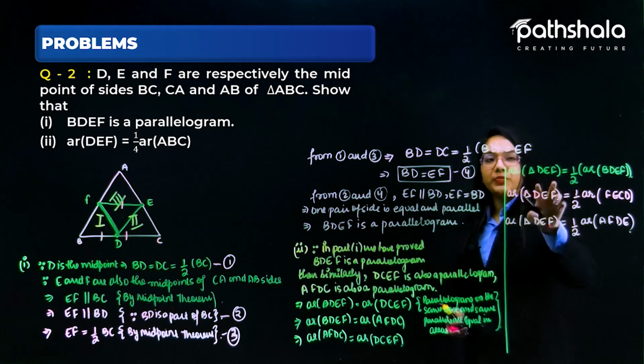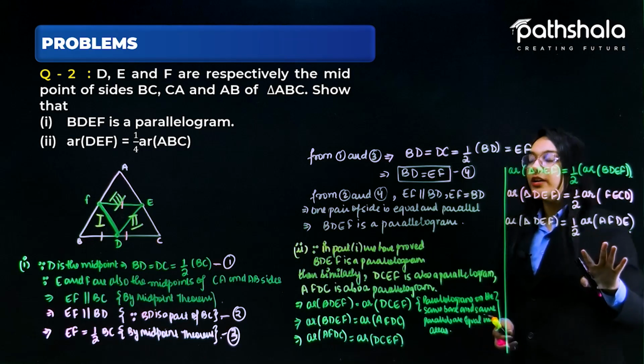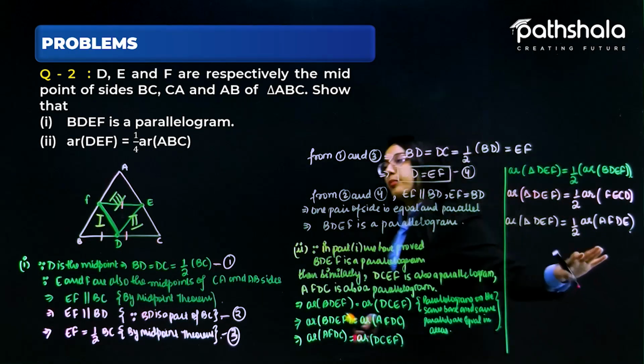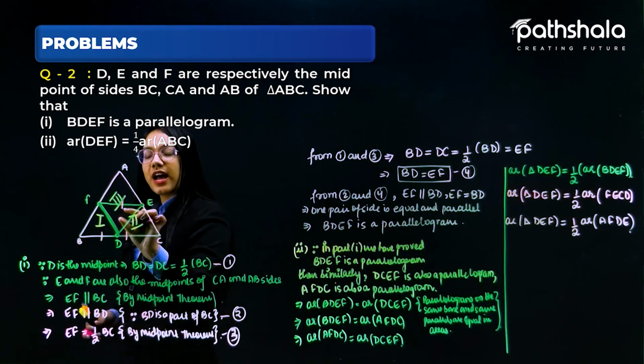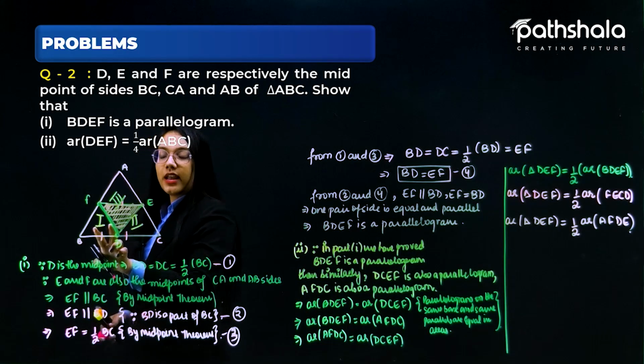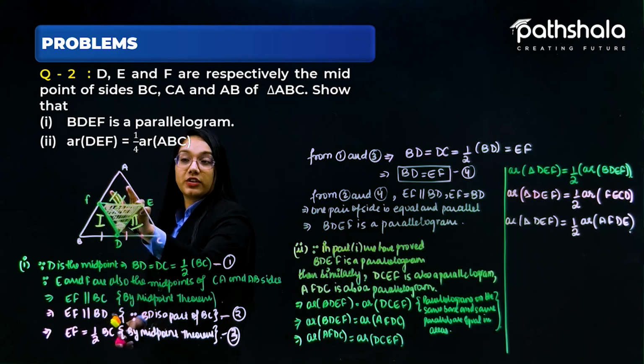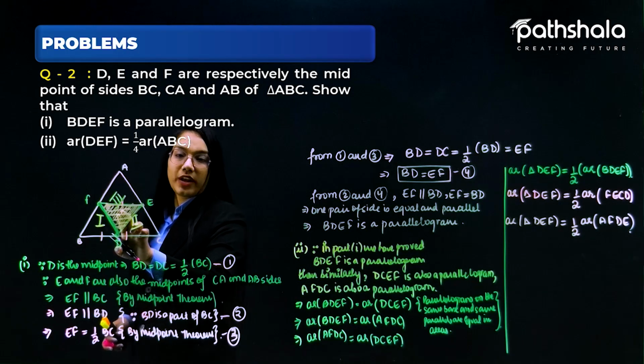AFDE means this is nothing but half of this, this is nothing but half of this, again this is nothing but half of this particular area. So we can say that the area of this triangle should be equal to the area of this triangle, which should be equal to the area of this triangle, which should be equal to the area of this triangle.